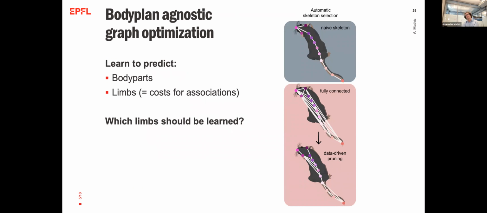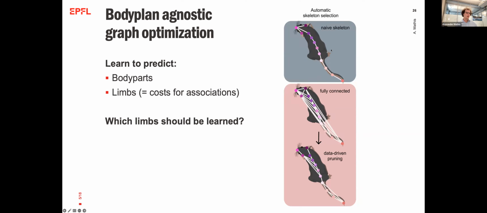And we had an early beta release of DeepLabCut, and it was a bit of a mess because of the following situation. People would, for example, be interested in tracking these 13 points here on a mouse, and you can see this naive skeleton.